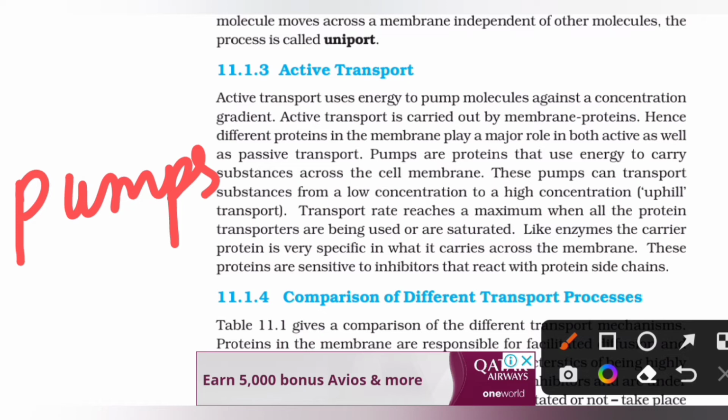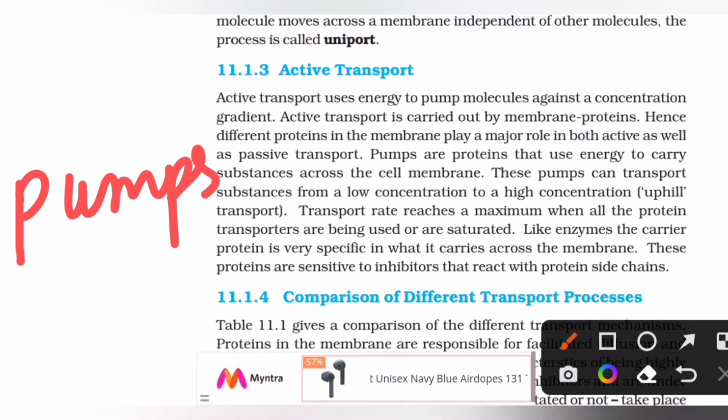And these pumps contain energy-spending proteins. The pumps are nothing but proteins that will use energy so that they can carry the substances across the cell membrane. Now these pumps will transport the substances from low to high region, that means low concentration to high concentration, right?